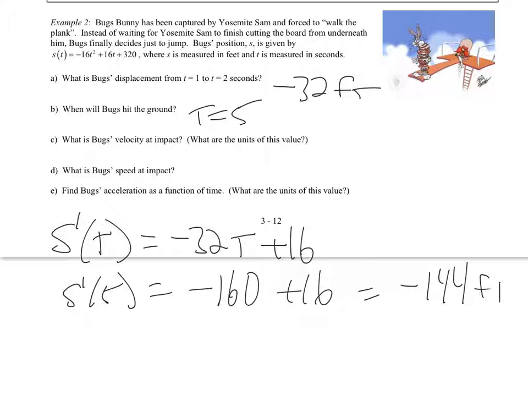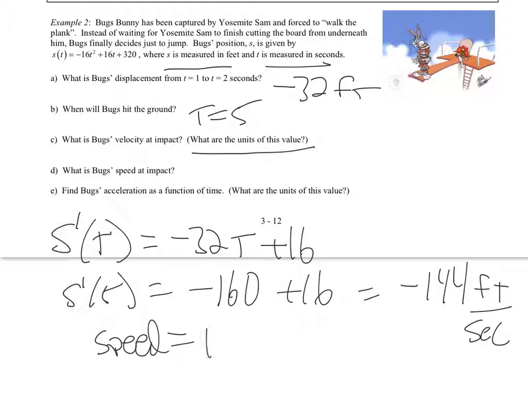And then it's important to include your units, feet per second, because s is measured in feet, t is measured in seconds. Notice he says what's the units. Okay, what's the speed? Well, the speed is the absolute value of the velocity, so his speed equals positive 144 feet per second.